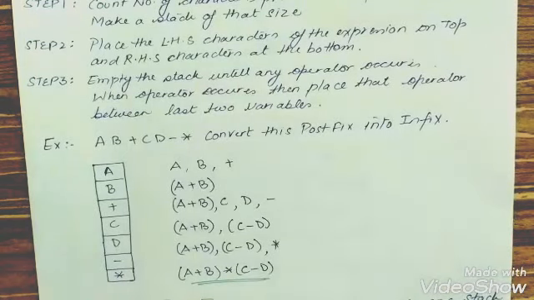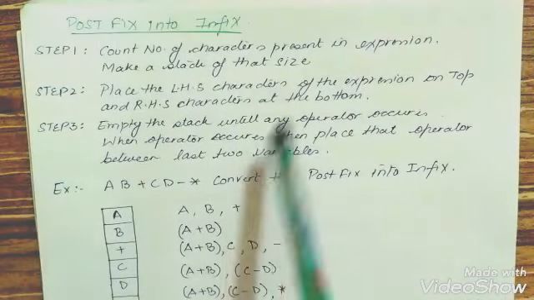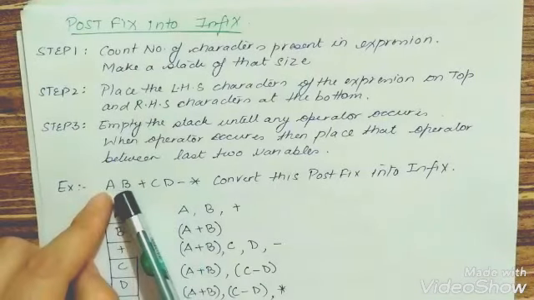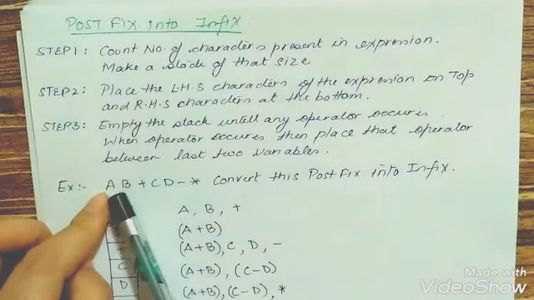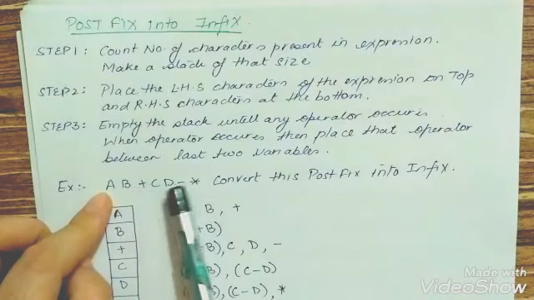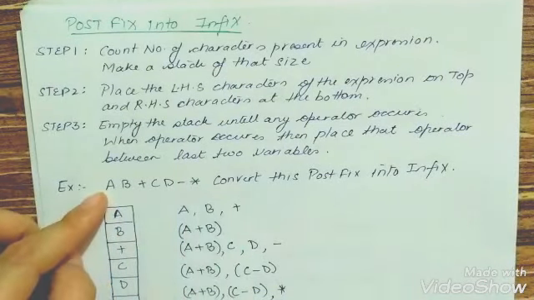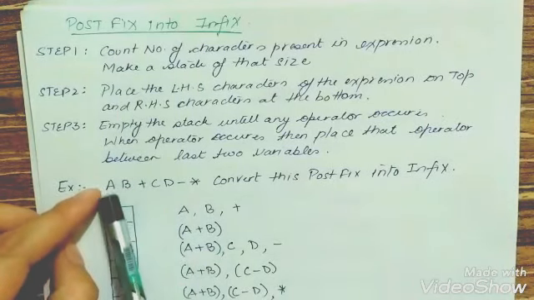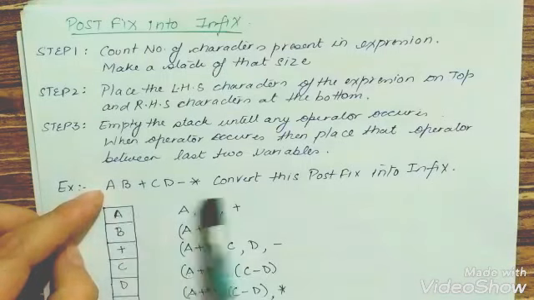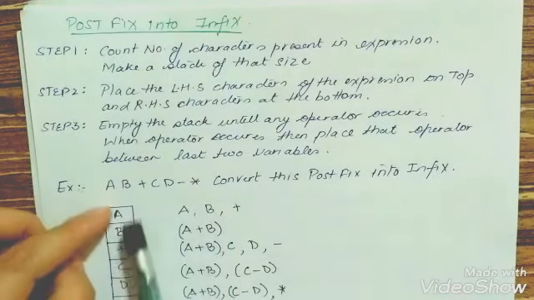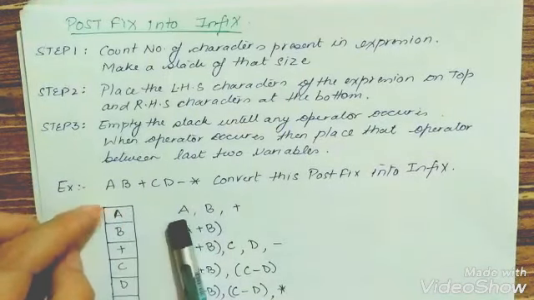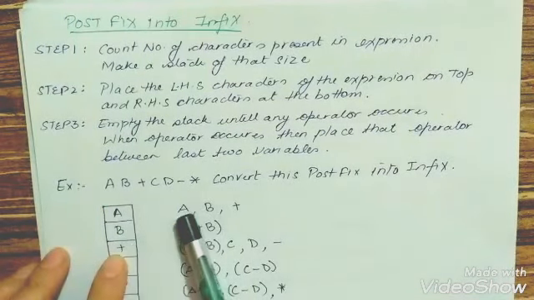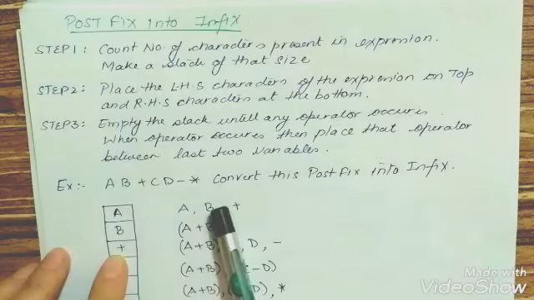These are the 3 steps which you need to remember, and I will just quickly revise them again. Firstly, count the number of variables or number of terms which you have in the expression. Make a stack of that size and write the expression with left hand side elements at the top and right hand side at the bottom, right? And then pop the elements until any operator occurs, and whenever an operator occurs, just place it in between the last 2 variables present.